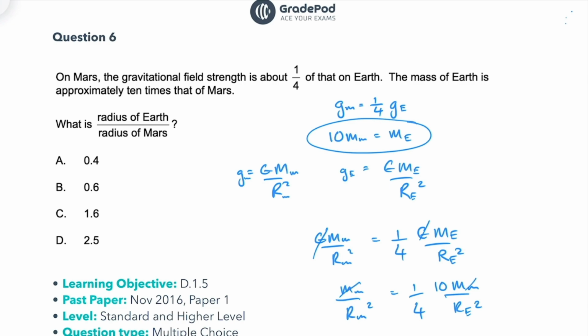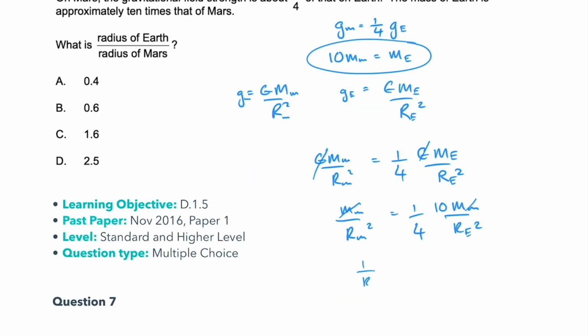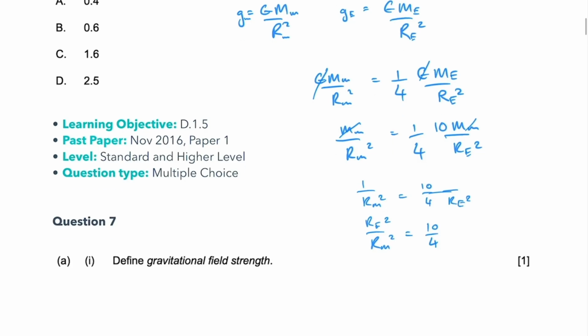So what we have is 1 over R_M squared equals 10 over 4 over R_E squared. Let's bring the R_E up and over. So R_E squared over R_M squared equals 10 over 4. Then we square root everything.